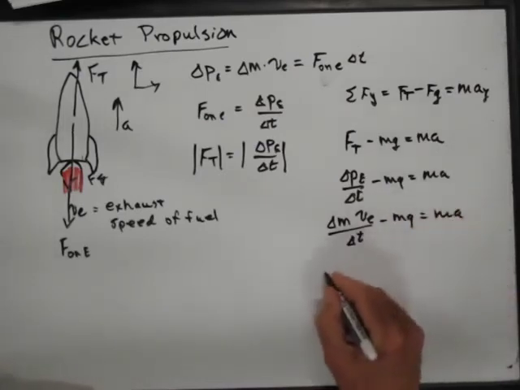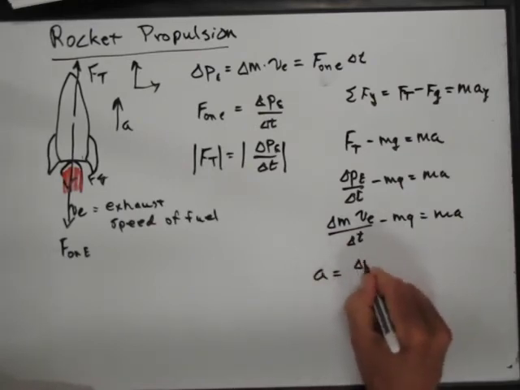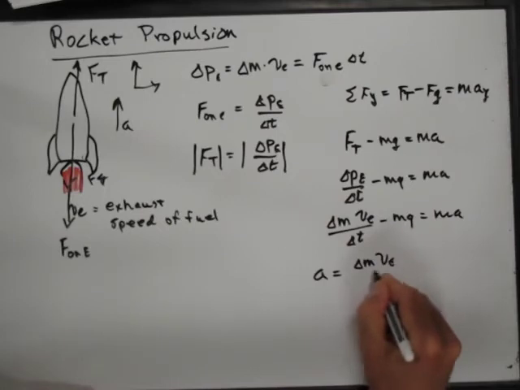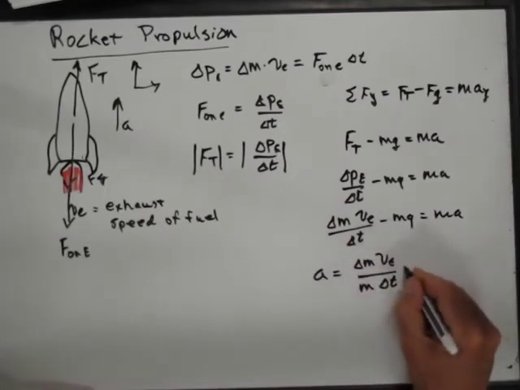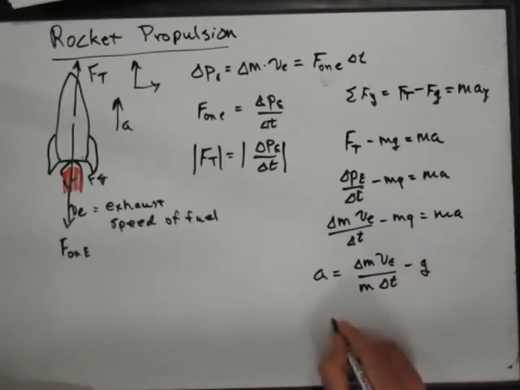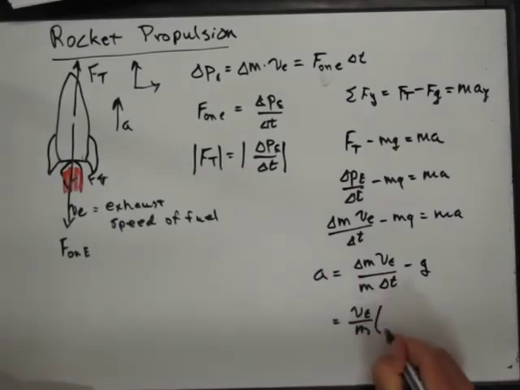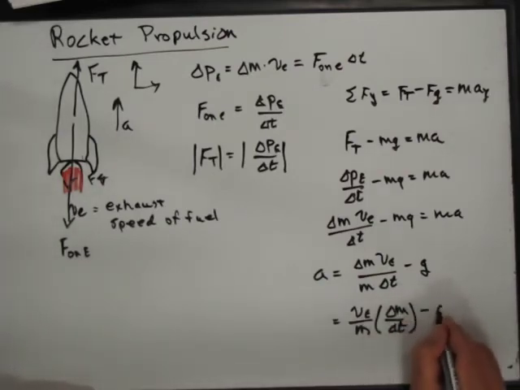If I divide through by m and reverse the order, I get the acceleration is equal to delta m times the exhaust velocity over the mass times the time, minus g. Or I can write this as exhaust velocity divided by the mass of the rocket times delta m over delta t, that's the rate at which exhaust is being shot out, minus g, and that's my acceleration.